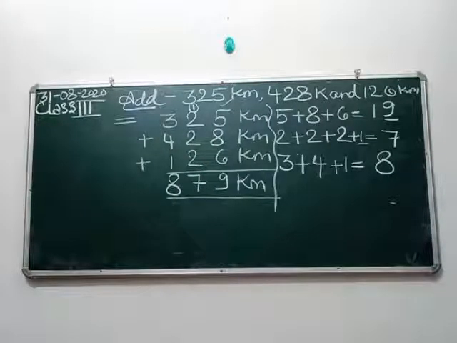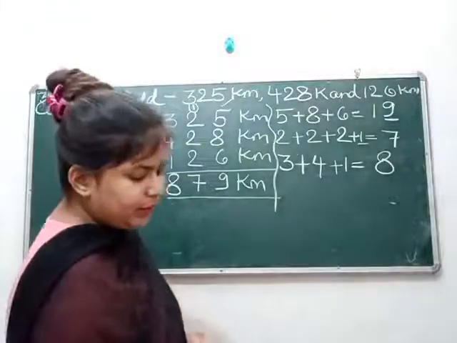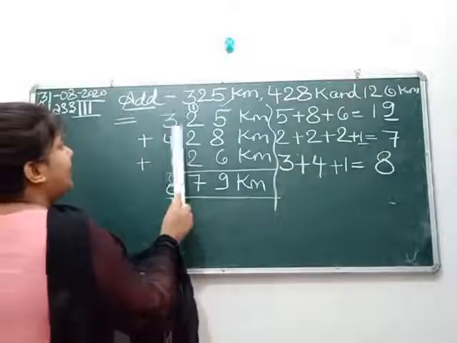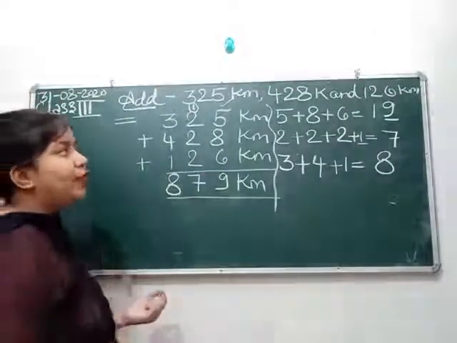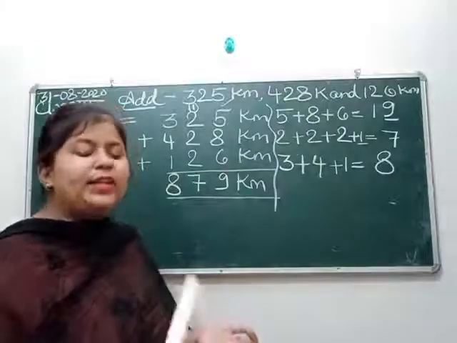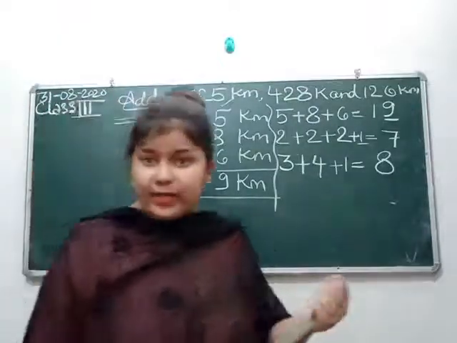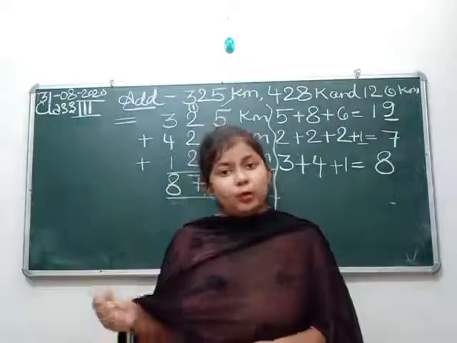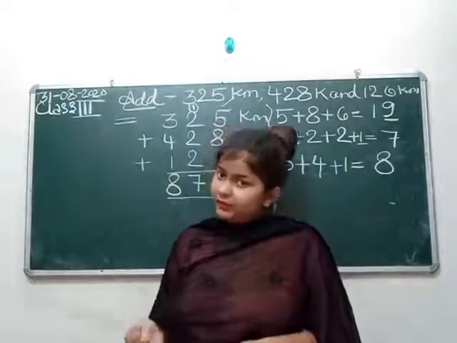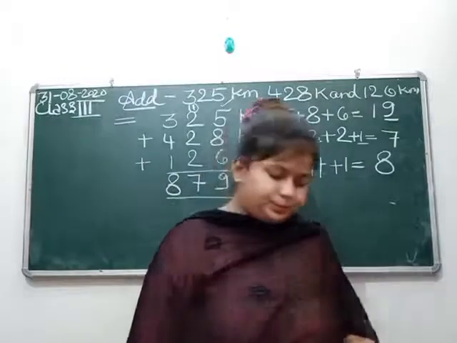Now see class, in this question we are having only kilometer part, right? 325 kilometer, 428 kilometer, 126 kilometer. So the next question will contain both meter part as well as kilometer part.